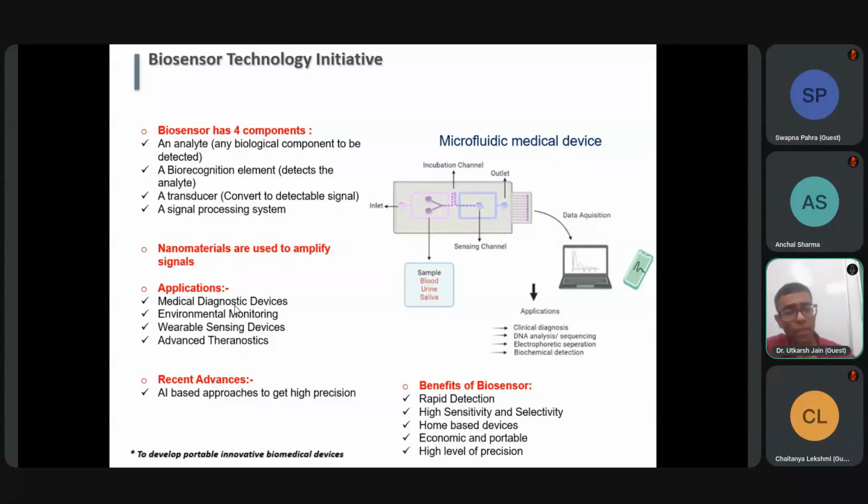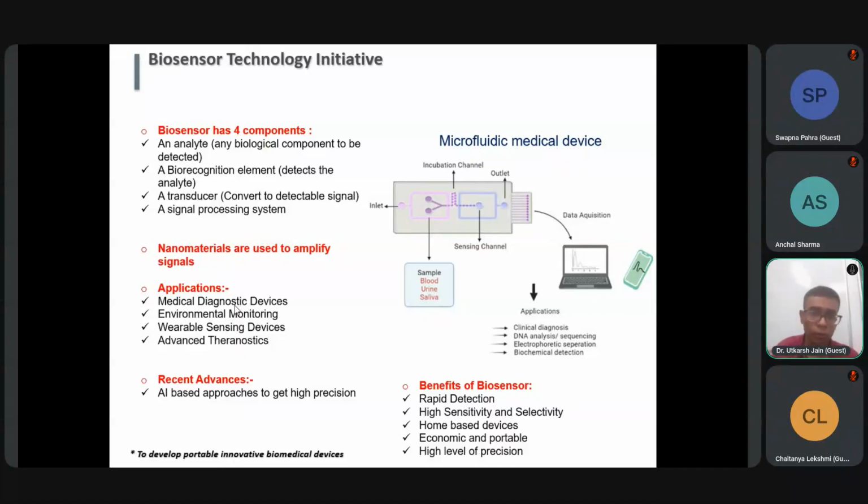Ultimately, our focus is not just to publish a paper, not just to develop a device, but really to make it a market-ready solution and bring it to the people, where we can really reduce a lot of the load on hospitals with devices which we can utilize as home-based devices.